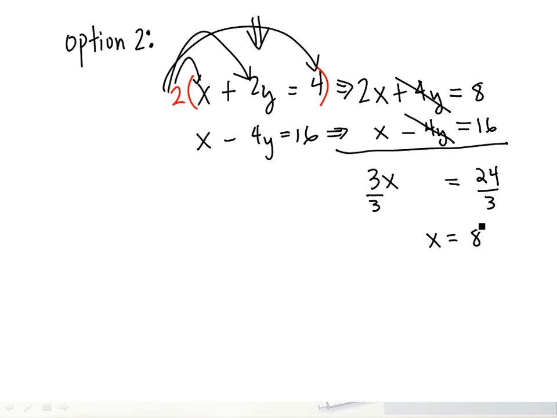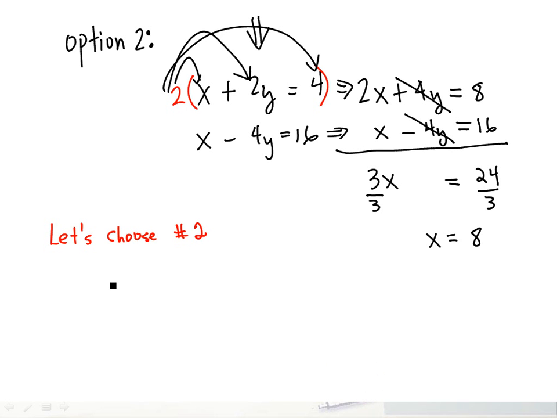Then it doesn't matter which equation you choose to plug in that answer. Since I chose number 1 the last time, let's choose equation number 2 this time, just to do it.